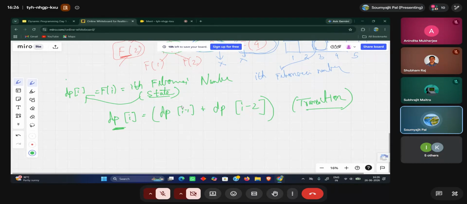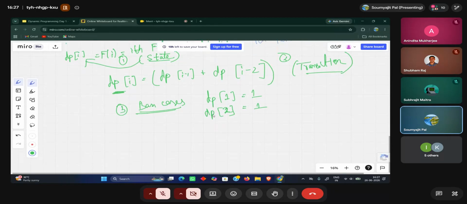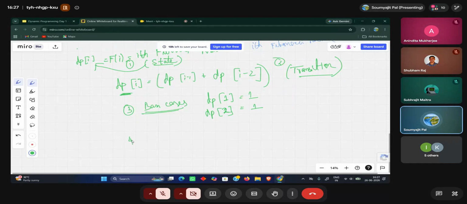Again, the third thing is my smallest subproblem, that is the base cases, same as we discussed before. So DP of 1 is 1 and DP of 2, the second Fibonacci number, is also equal to 1. Now, the fourth thing is, what is my goal? What is the biggest problem I need to solve?